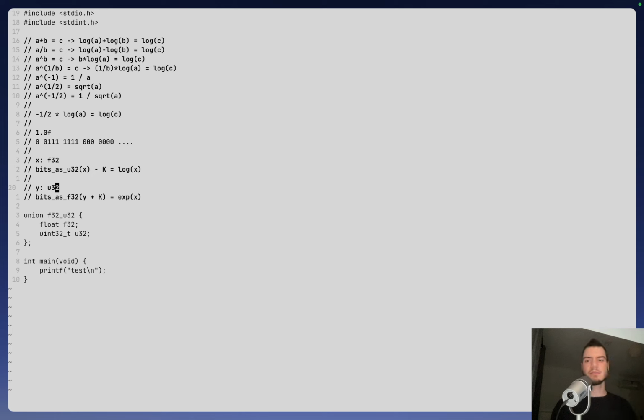And to get the exponent value, let's say y is equal to 0. 0 plus 1 billion, interpreted as a float, would be 1, which is correct.